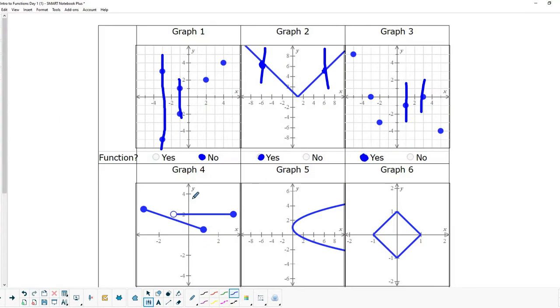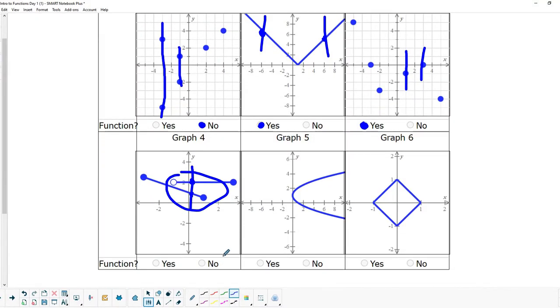Over here, we've got a vertical line here that'll hit twice. There might be a few places where it only hits once, but there's a section right through here where it hits twice. So that means that this is not a function. A vertical line over in this section will also hit twice.